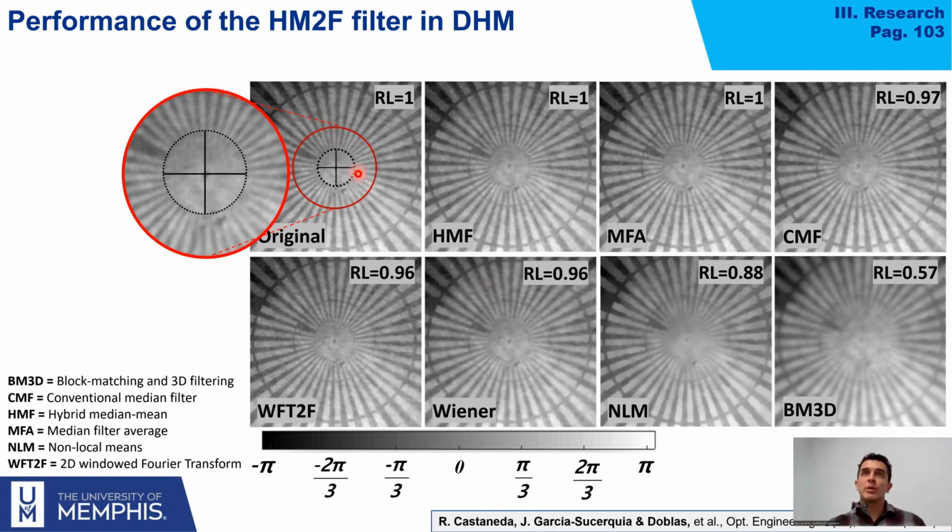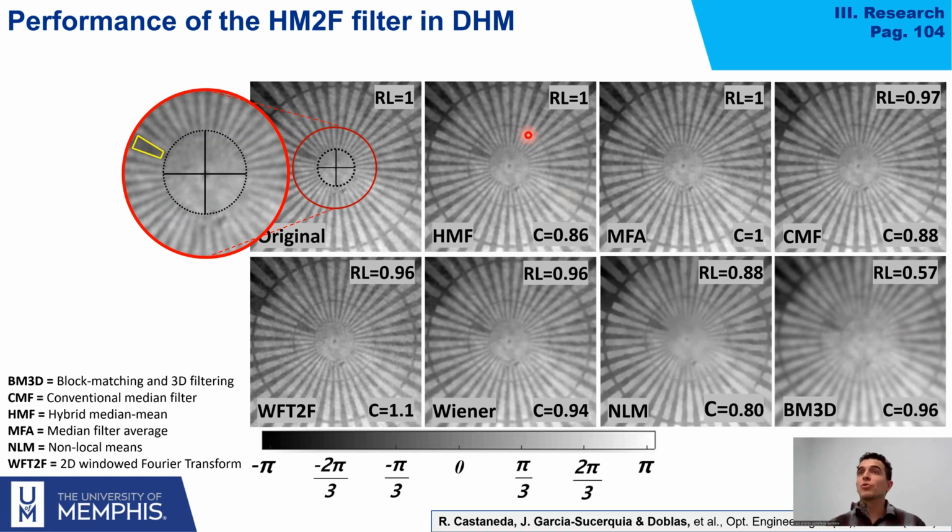This is the original image, and after applying the methods, we start to notice that, for instance, the non-local mean reduces the resolution. Other methods like the BM3D in this case affect the resolution strongly. However, the hybrid median filter preserves the same resolution as the original image.